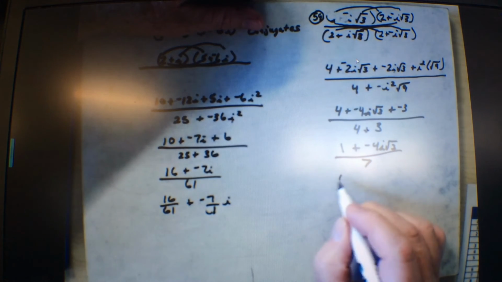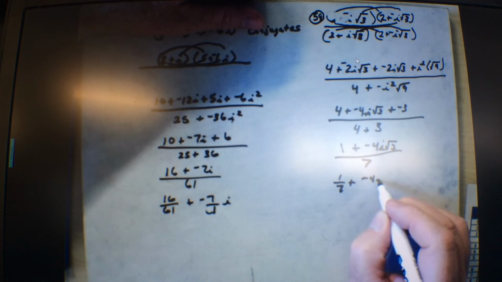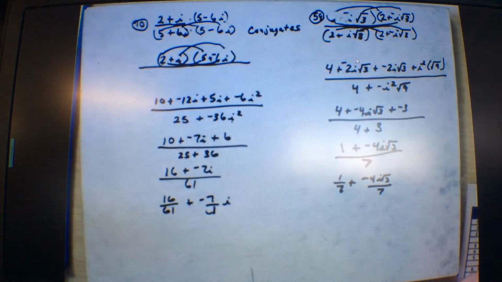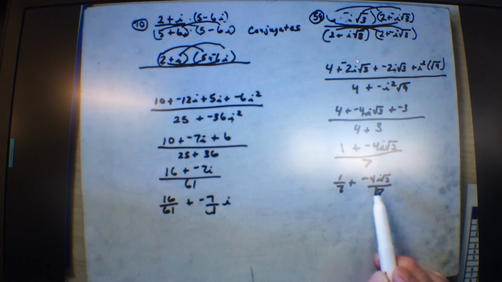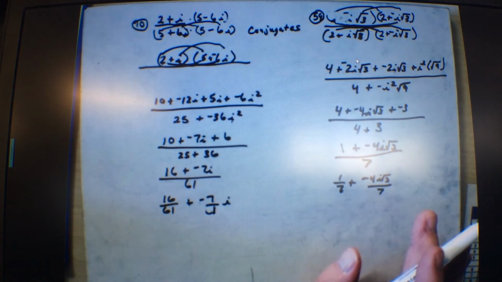So I get 1/7 plus a negative 4i square root 3 over 7. That is nasty. And notice that I include the i in the middle, otherwise if it was in the radical, it'd be wrong, okay?